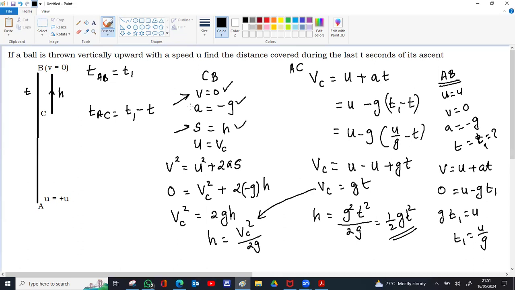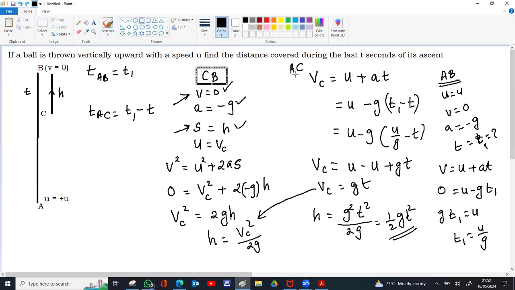That indicates the last relation, v square equal to u square plus 2as, is to be used. For that, we need u. That u is the velocity at C. That's the clue for the next step: you are finding the velocity at C using AC.